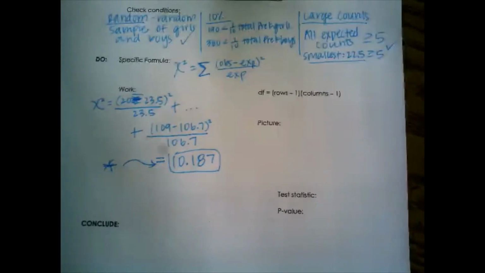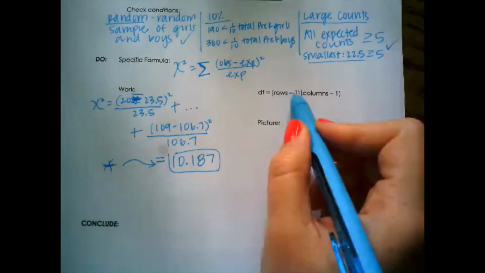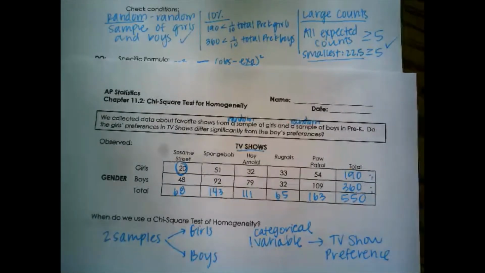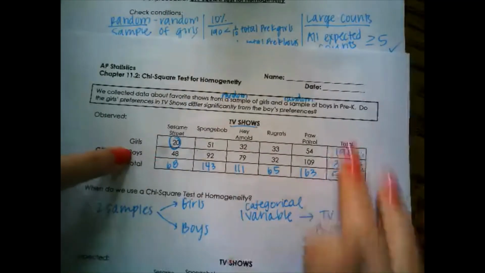All right, so with your goodness of fit, your degrees of freedom was the number of categories minus 1. This is how we find the degrees of freedom here: the rows minus 1 times the columns minus 1. And it makes sense because, well, let's calculate it and I'll tell you why. So we had 2 rows, girls and boys. You're ignoring the totals.